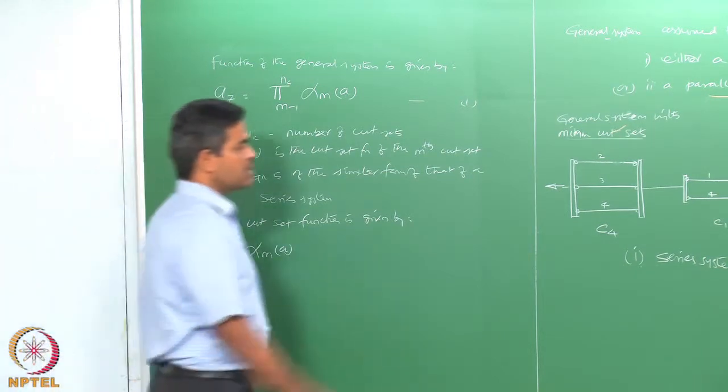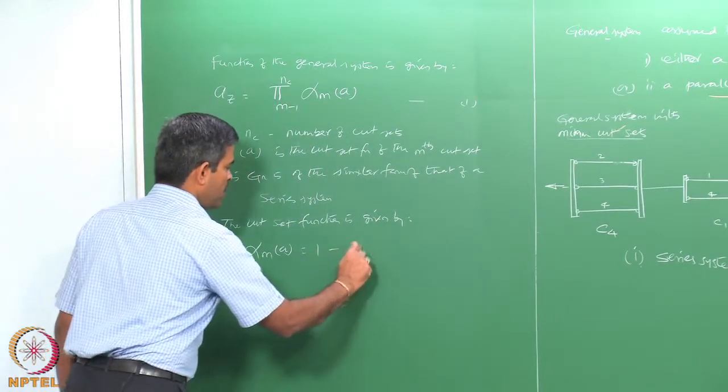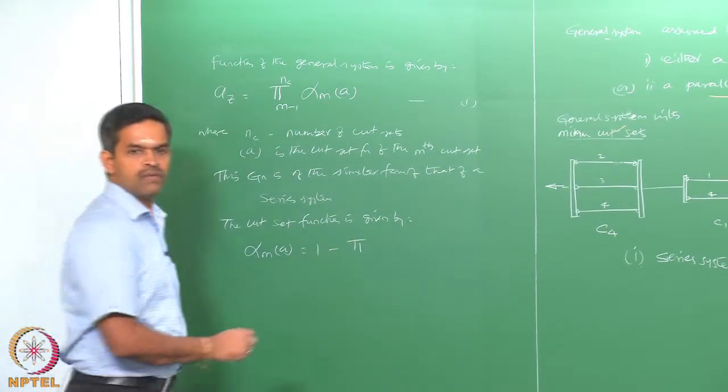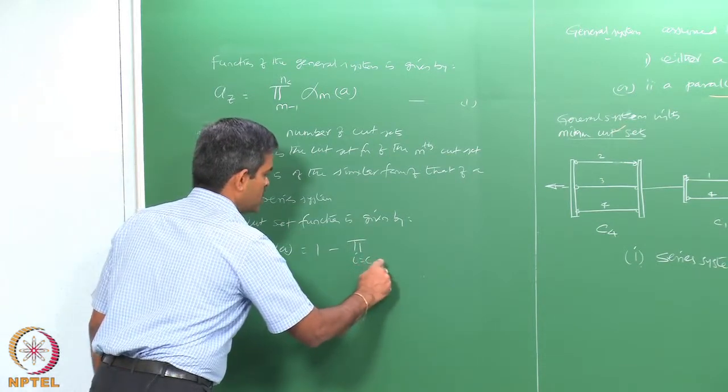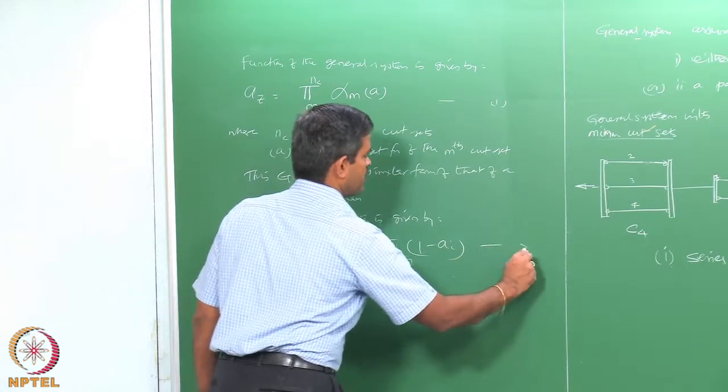Interestingly, the cut set function is again in parallel, is it not? Therefore, that is going to be 1 minus pi of, that is the parallel system function, i equals C m, 1 minus a, equation.